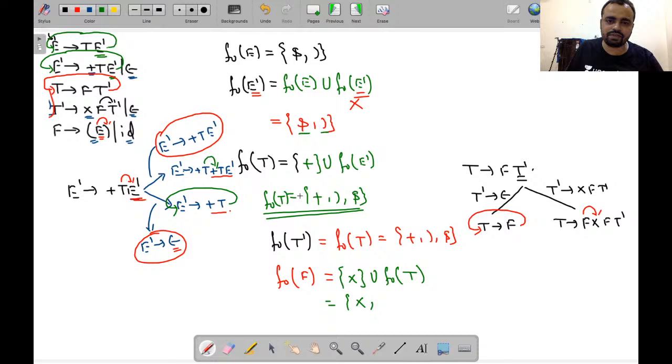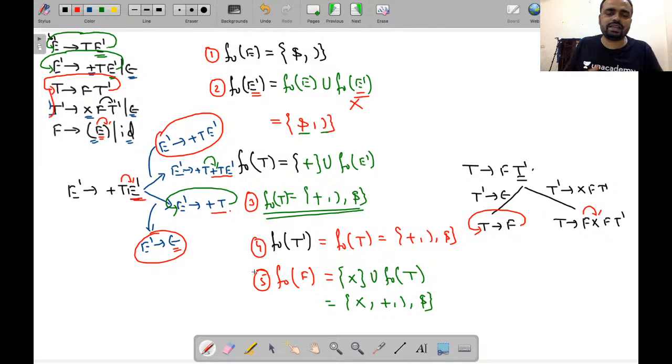What is the follow of t? This is the plus, right bracket, and dollar. Got it? So one by one we are able to find out each and everything. This is the follow of E, this is the follow of E dash, this is the follow of T, this is the follow of T dash, and this is the follow of F. Since there are 5 non-terminals, we have found the follow of each and every one.